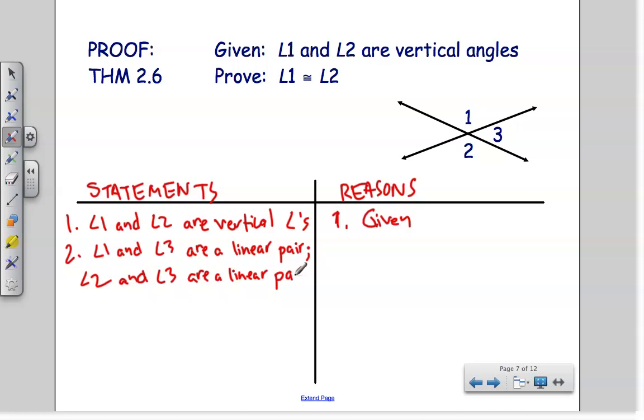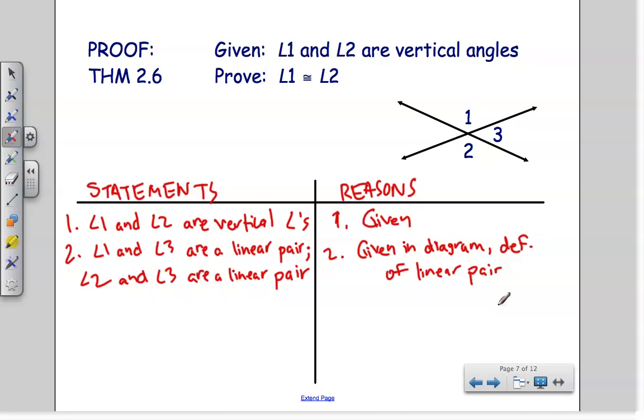I'm really very dependent on the picture for this. So it is given in the diagram that they are a linear pair. But it's also kind of by the definition of a linear pair, because I know that a linear pair has to be next to each other on a line. So I'm going to put both of those things.